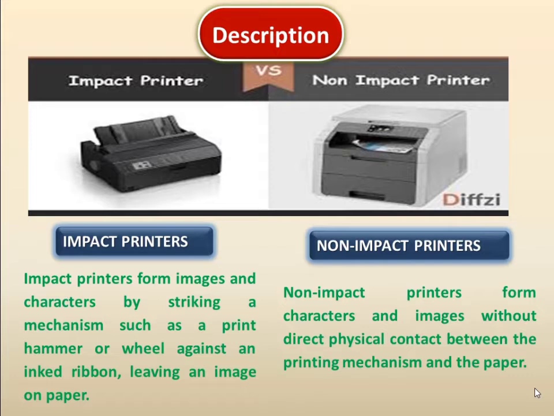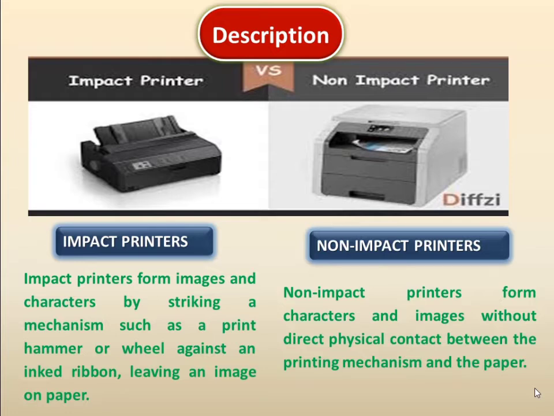Now start differentiation. First, on the basis of description. Impact printers form images and characters by striking a mechanism such as a printer hammer or wheel against inked ribbon, leaving an image on paper.